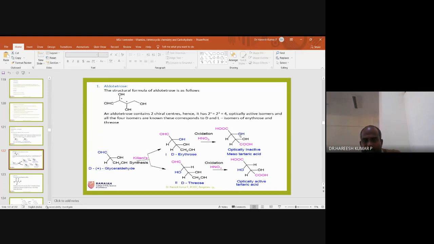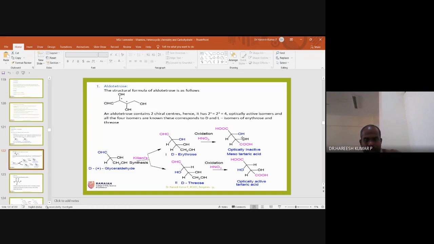But when a plane is passing between these two carbon atoms, this plane bisects the molecule into two equal halves. That is the reason this mesotartaric acid has a plane of symmetry, and this does not have a plane of symmetry. So that is how the determination of configuration of aldotetroses is done.